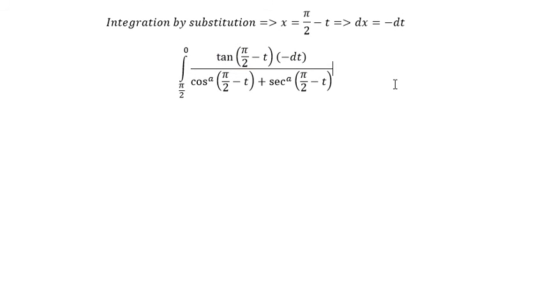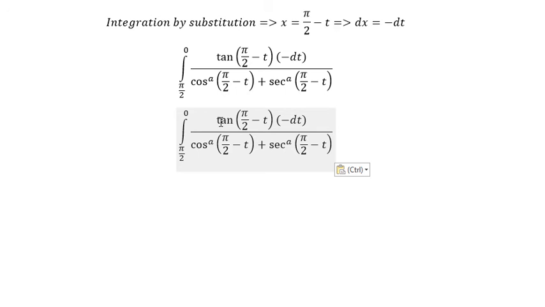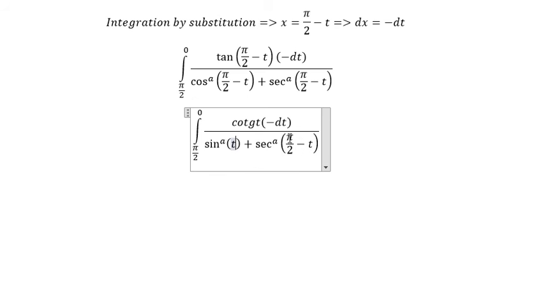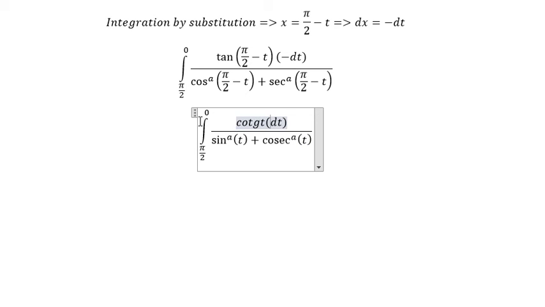Next, we know that tan of π/2 minus t changes to cot t. This one changes to sin t. This one changes to cosec t. We have the negative put in here.